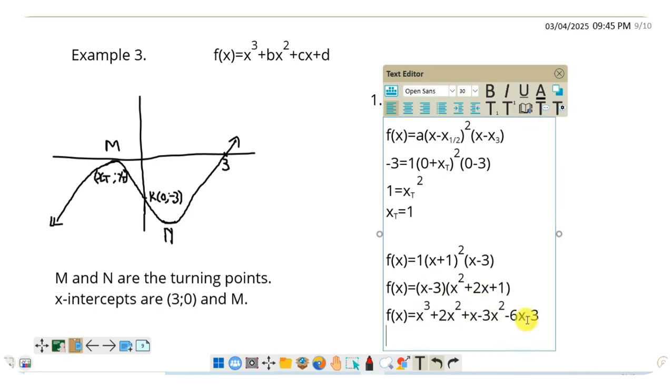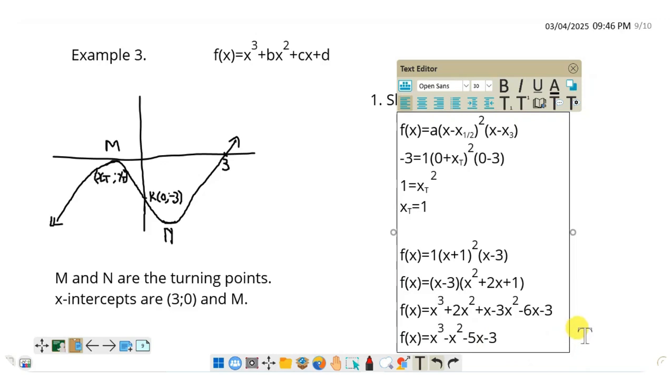From here I just put the like terms together. So I have 2x squared, I have negative 3x squared with a 1, so they cancel out. And for x, here I have 6x there, so again they subtract each other to give negative 5x.